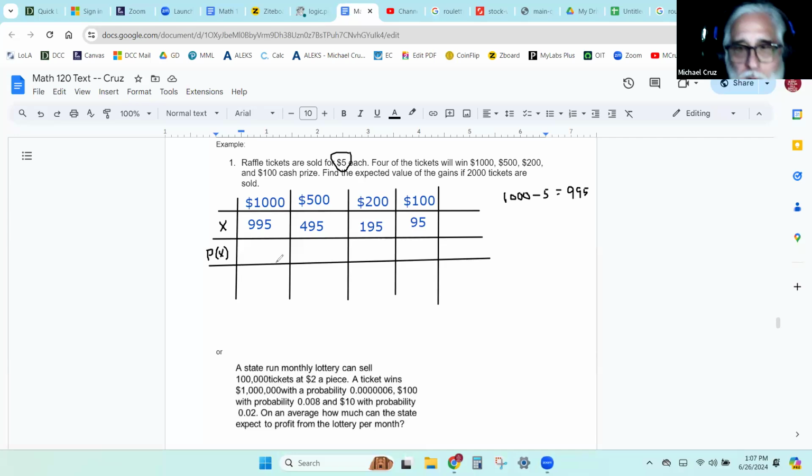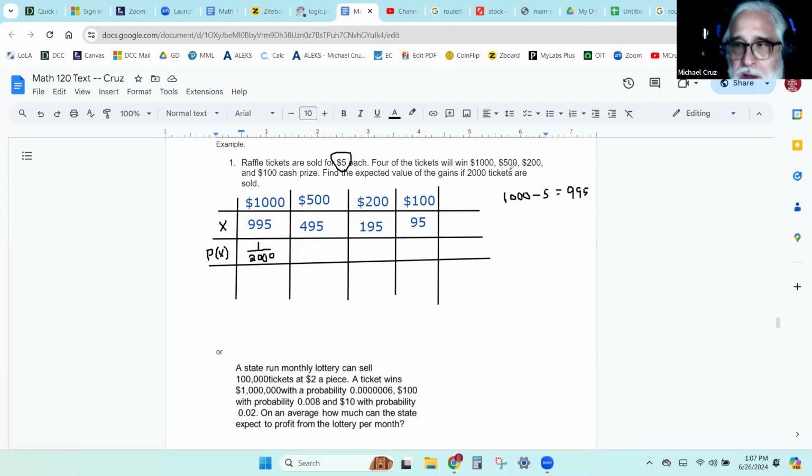Now, the probability of this happening is there's only one ticket. In your homework that I worked this morning, there was a $1,000 prize, five $500 prizes, and so forth. So they're all set up a little different. So you've got to watch the deal.